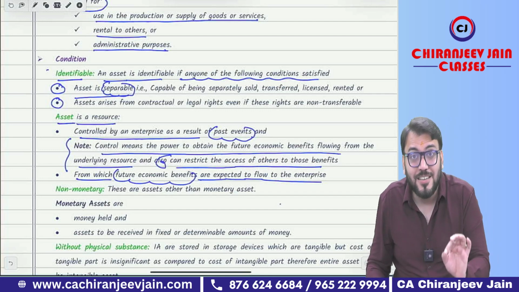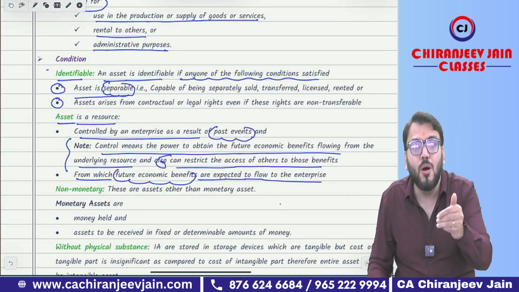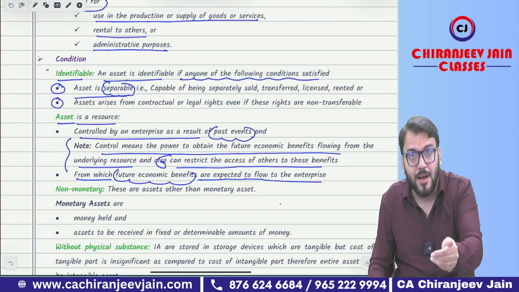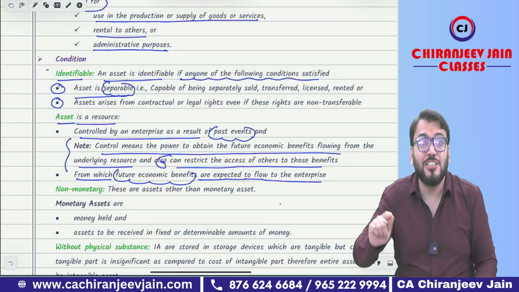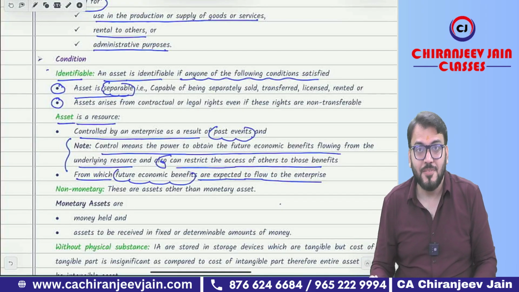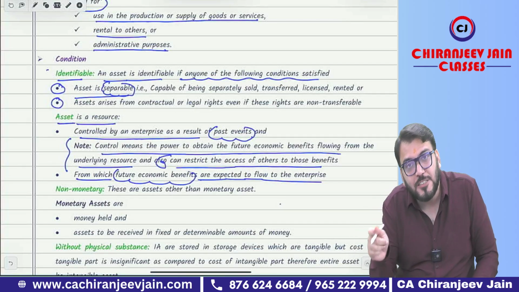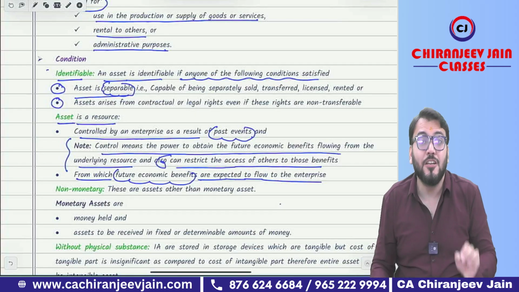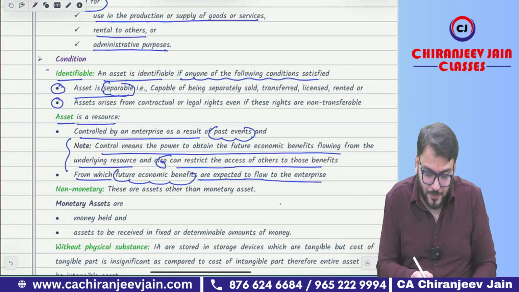Any other intangible asset, for example copyright, patent, trademark, will be identifiable, because it can be separated from the business, sold, rented, transferred and exchanged separately. Got this point? First condition, you are able to understand.